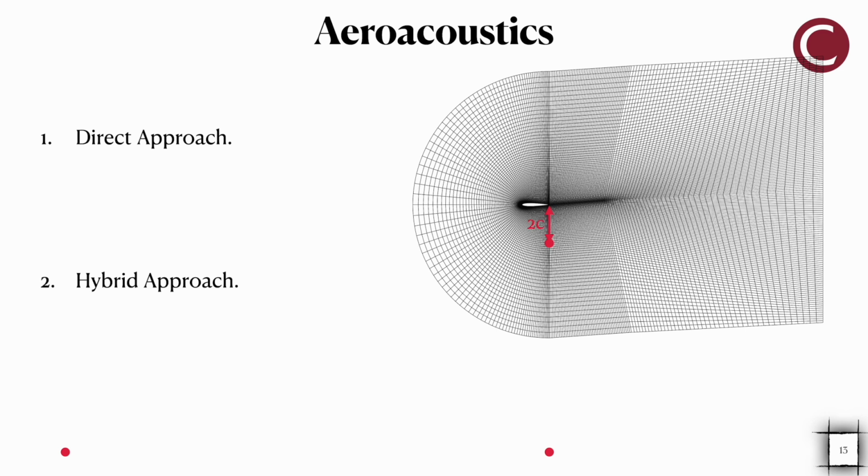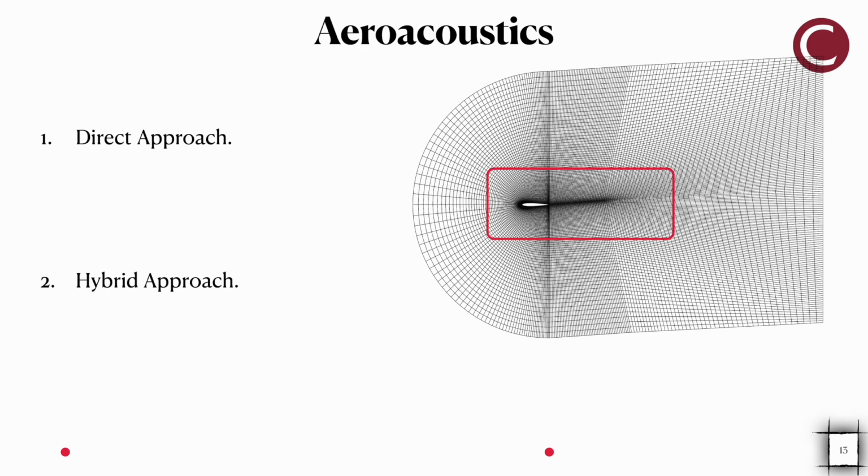So in the hybrid approach, we have both flow solver and acoustic solver. But how do we relate these two to each other? What we do is that we define a data surface that can be either on top of our airfoil or any object that we have, and we call that solid data surface, or it can contain some of the flow, which we will call permeable data surface. And then we gather the flow field data using the flow solver on this data surface.